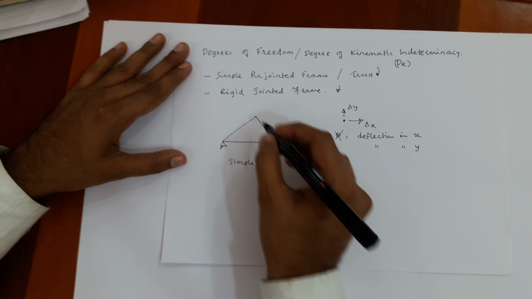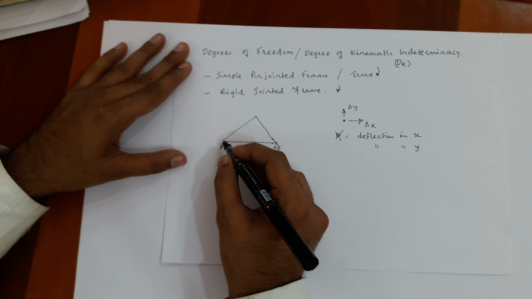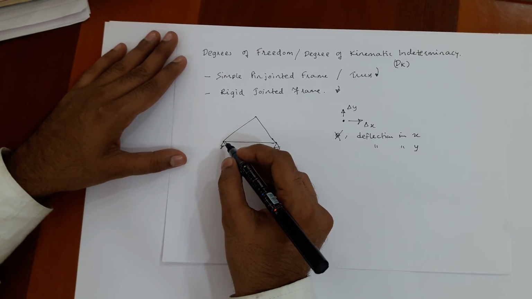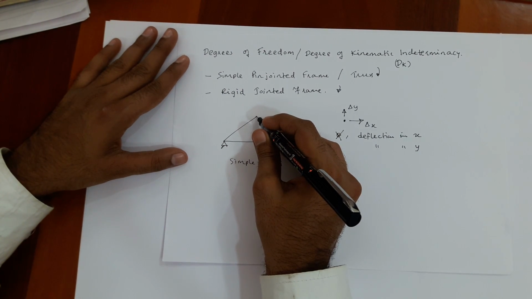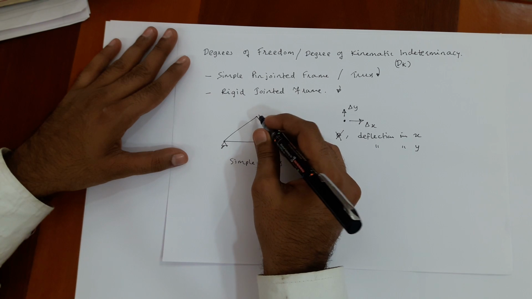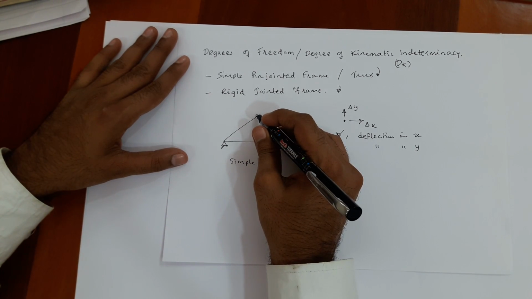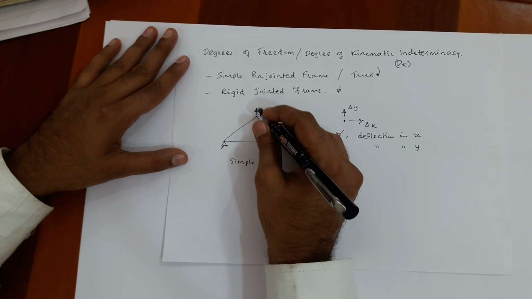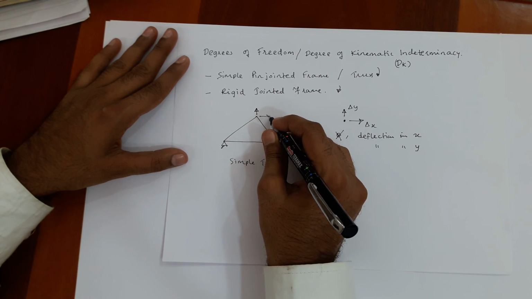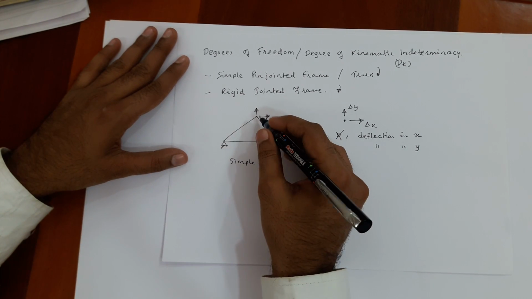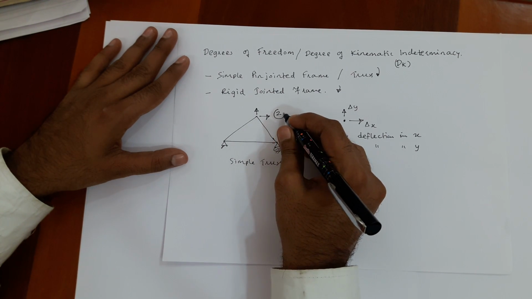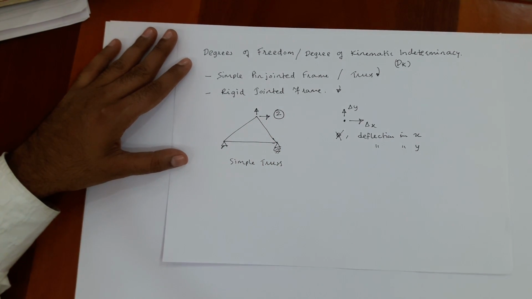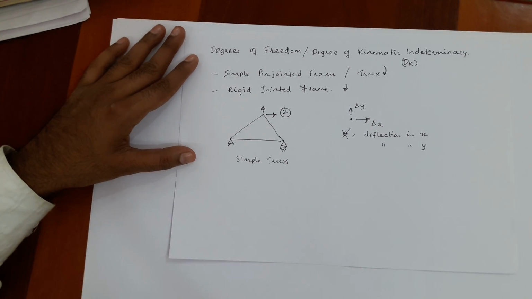You have to go to each joint and define the displacement of each joint. At this joint you do not have any reaction, so this joint possibly will deflect in the vertical direction, and it will also deflect in the horizontal direction. So at this particular joint the degrees of freedom are 2 in number. Come to this joint.